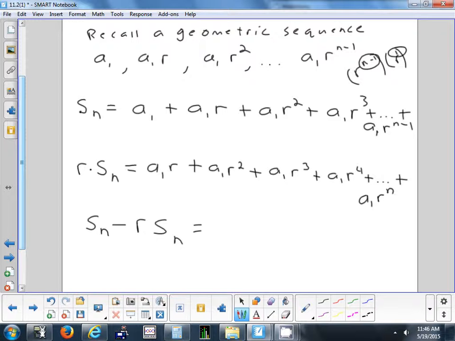James? Won't all the a sub 1s cancel? So there is going to be something that cancels out. There are a lot of things that cancel out. Let's start with a sub 1. Is a sub 1 going to appear anywhere in the sequence in the bottom? Cool. No. This term doesn't appear anywhere in the bottom sequence.